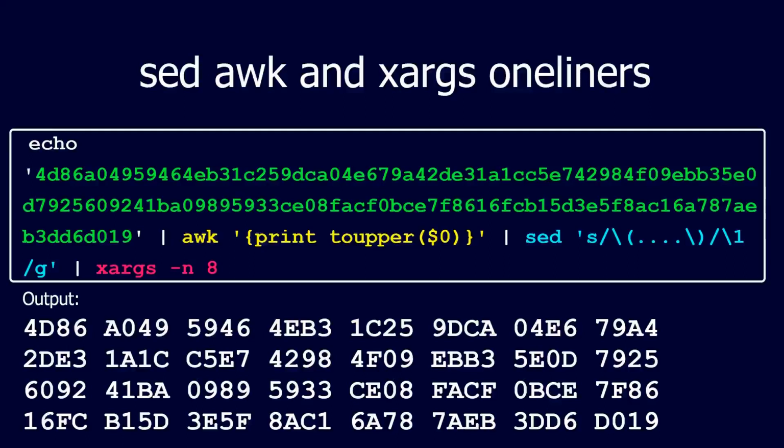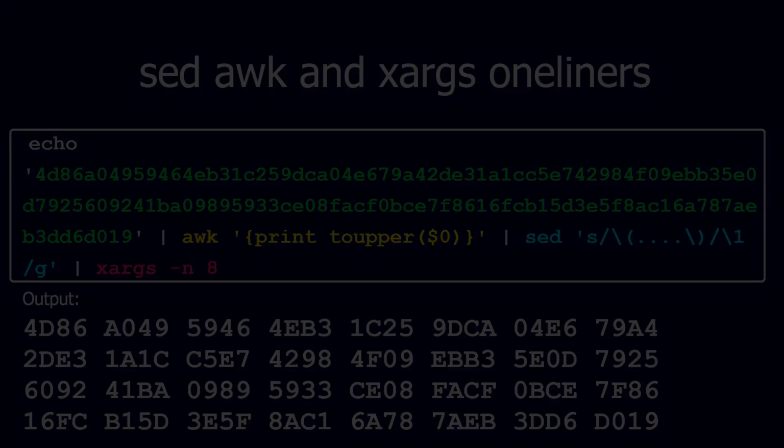I'll be done. Well, it's not that simple. This one liner is a very general solution. It works even if you had a string which was not 512 bits but 1 million bits. The same one liner will format it very nicely. Try doing that in an editor. Nobody wants to do that.